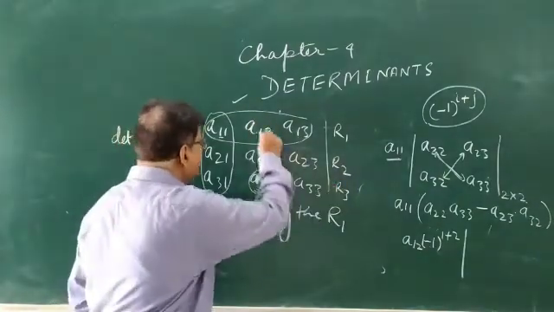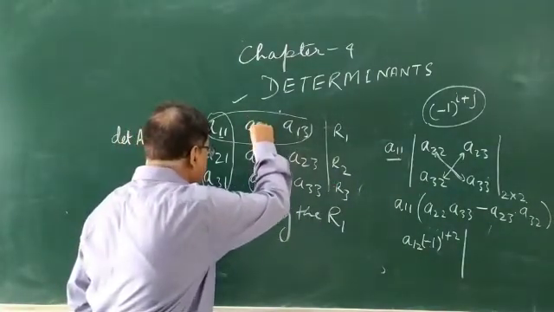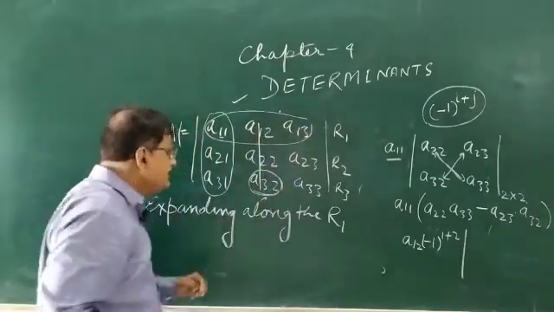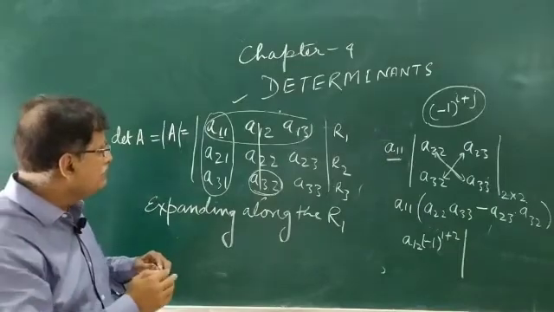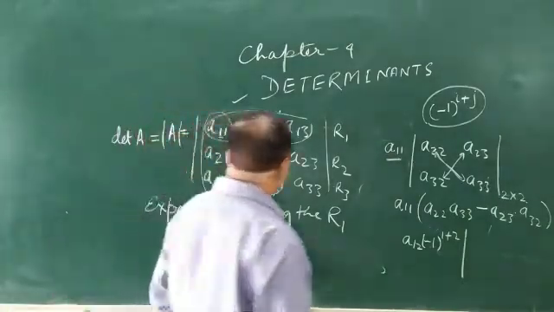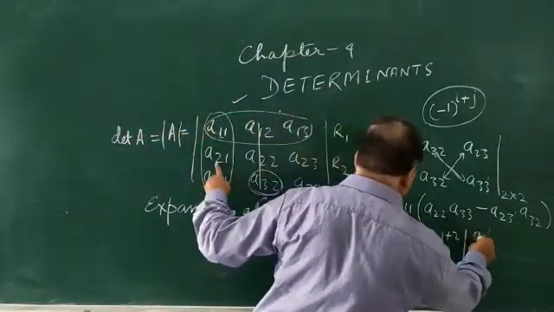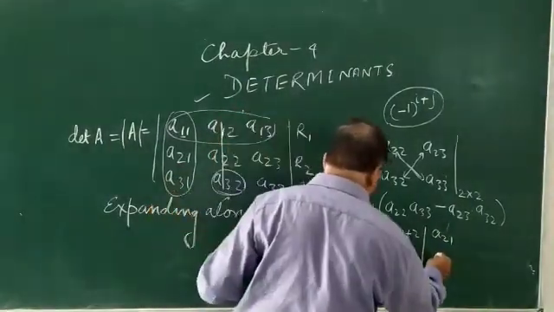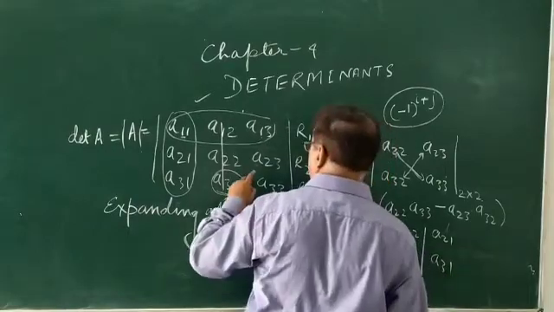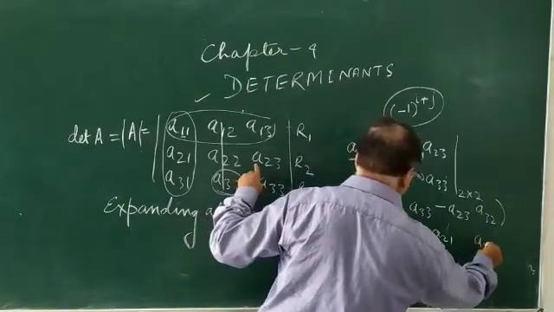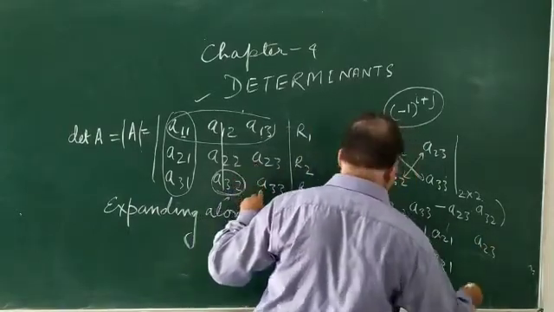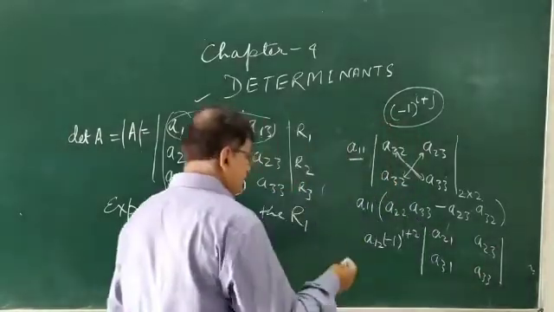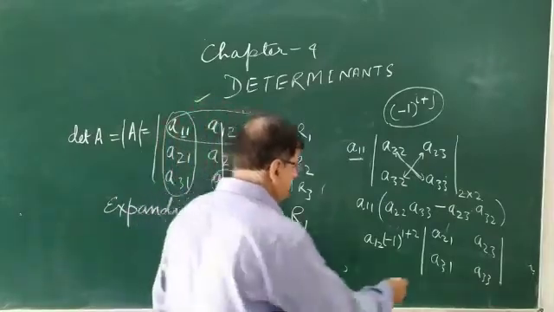So for this you delete this column and you delete this row. Yeah, you can say hide it, and remaining elements you just consider. A21, A31, A23, A33, and the same way you just open this 2 by 2 determinant.